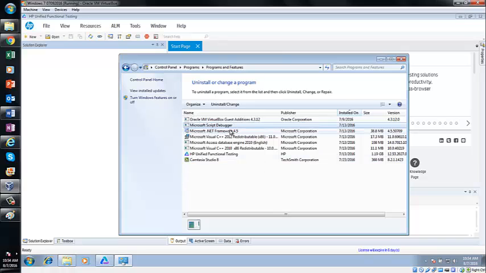If you want to permanently remove the installation, you click uninstall here and it will be gone. Let's say we have UFT installed and want to remove it. Then you remove it by clicking uninstall here. But this is a different topic.